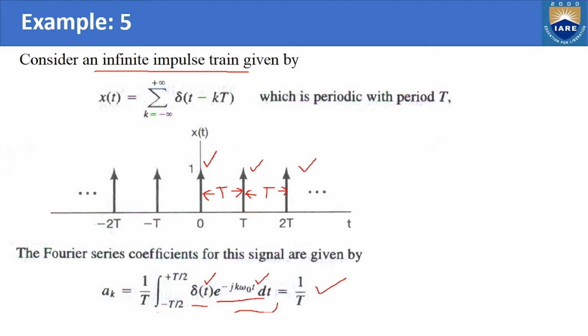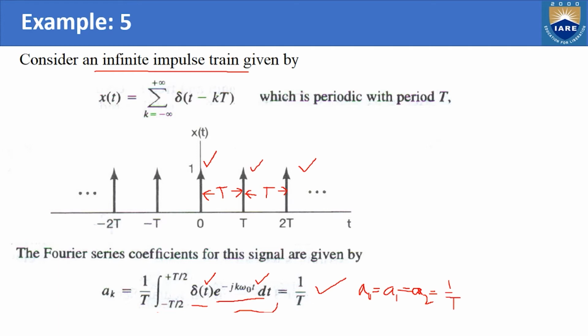So a1, a2, a3, everything is 1 by T. All coefficients are equal to 1 by T only. So that is what you have.